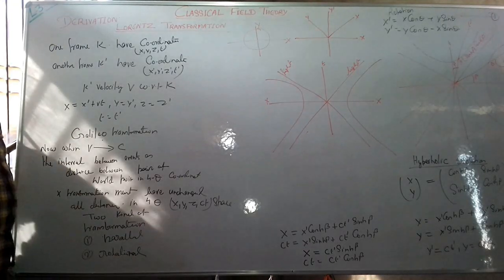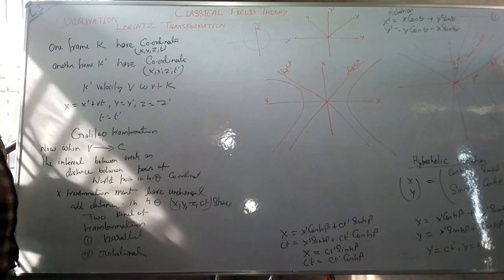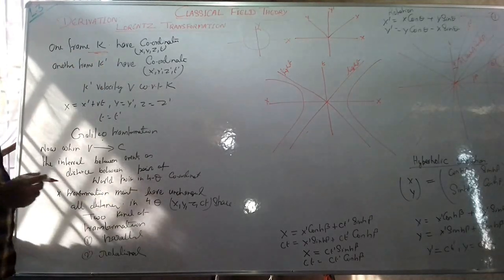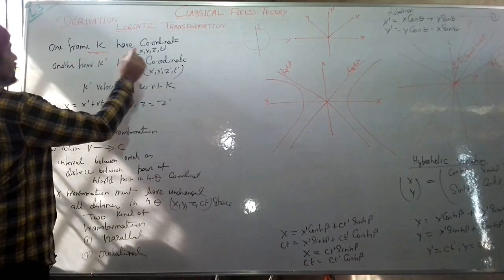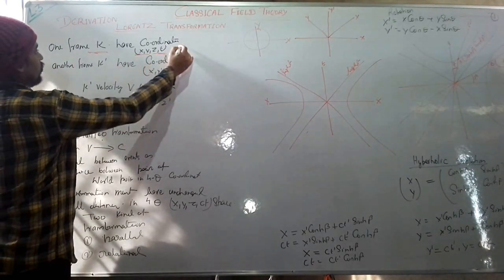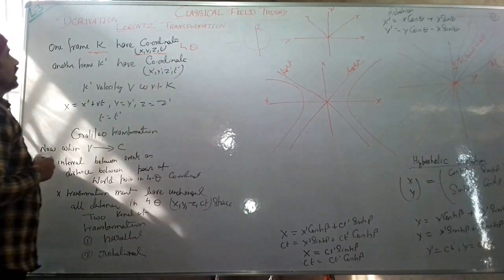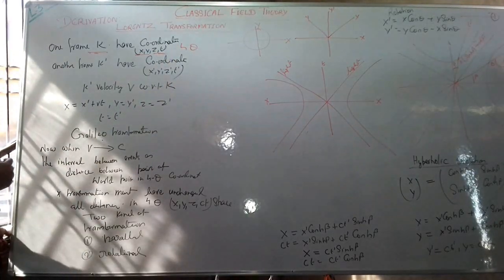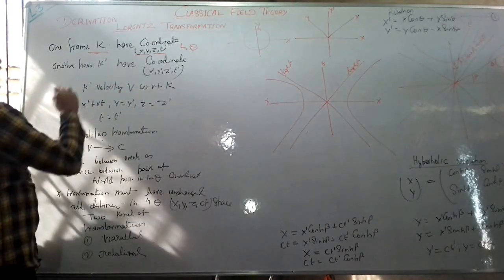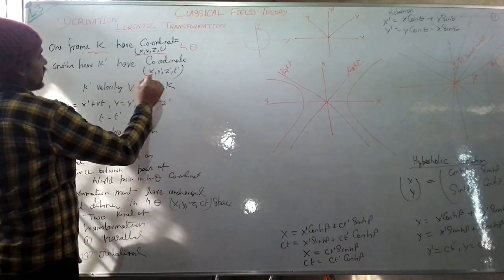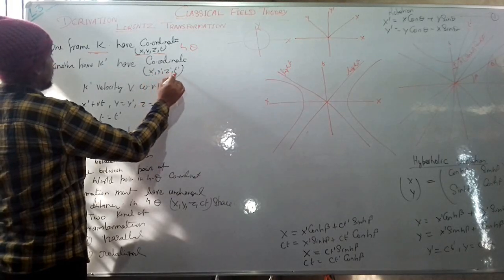Suppose there is a reference frame K, and we have assumed the coordinates of reference frame K are x, y, z and t, 4D space. Another reference frame K dash is traveling with constant velocity v with respect to K, and its coordinates are x dash, y dash, z dash and t dash.